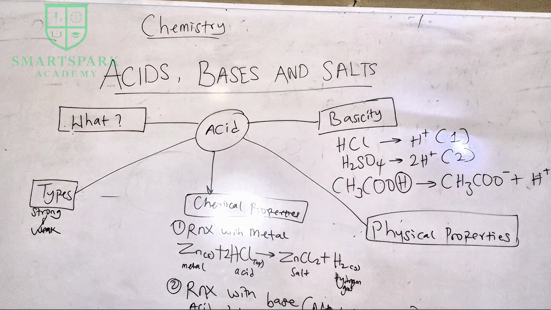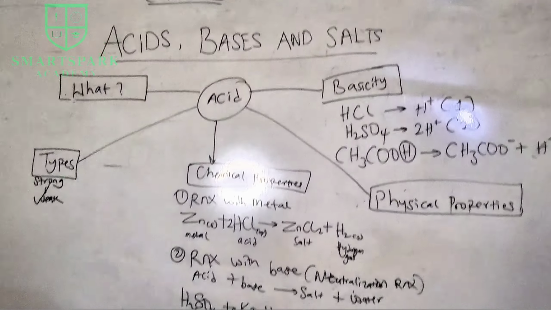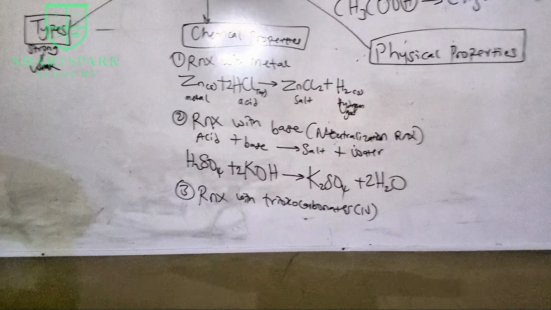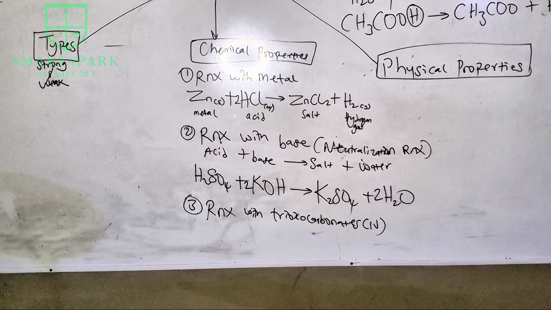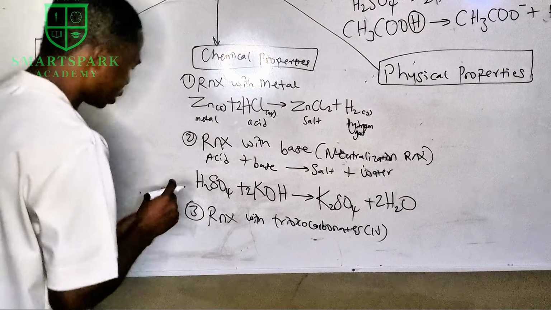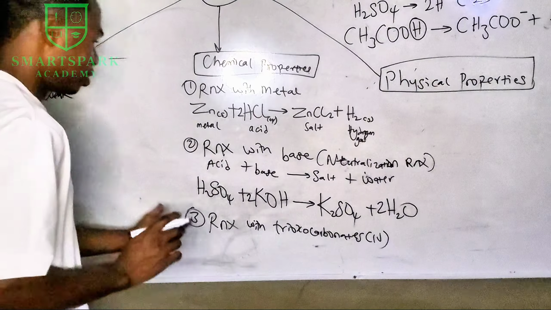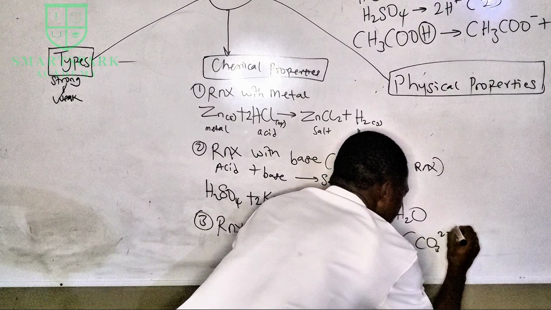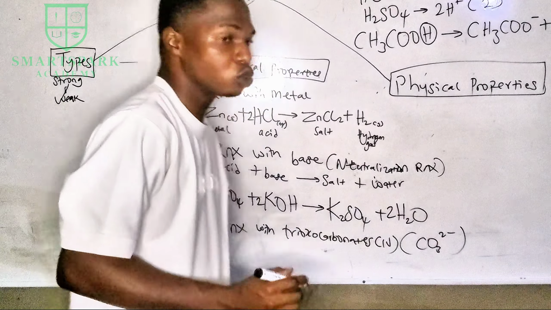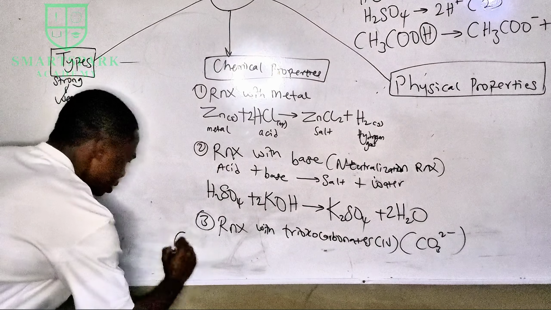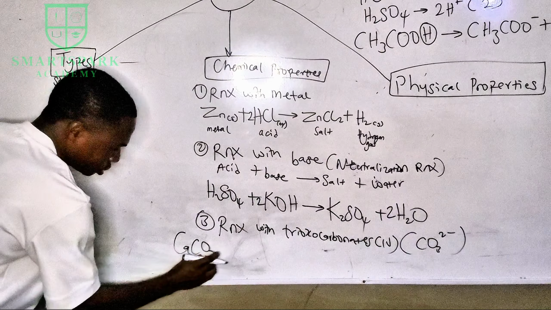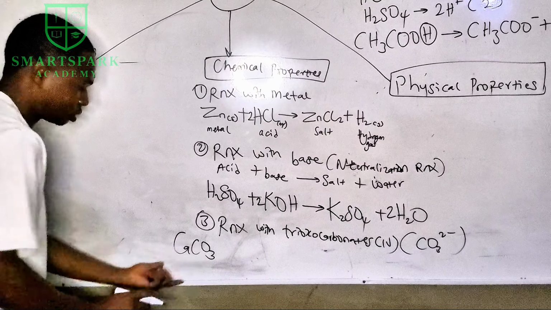Reaction with trioxocarbonate(IV). This is CO3 2-. Substances that have carbonate, we have CaCO3. This is calcium trioxocarbonate(IV), which is also limestone.